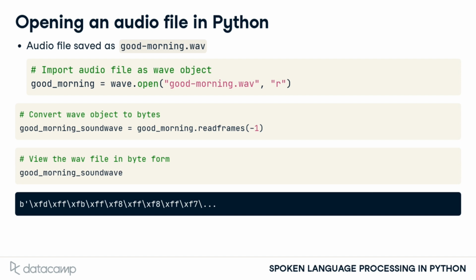So if we printed out the entire sound wave in byte form, we'd see 96,000 of these combinations of letters and numbers. Don't worry if the output looks confusing for now. We'll learn how to convert these bytes into something more useful shortly.